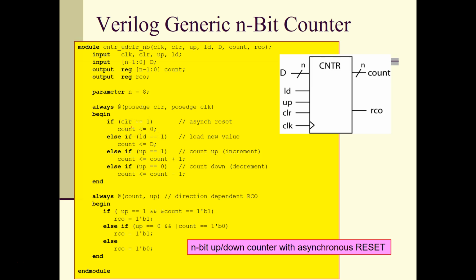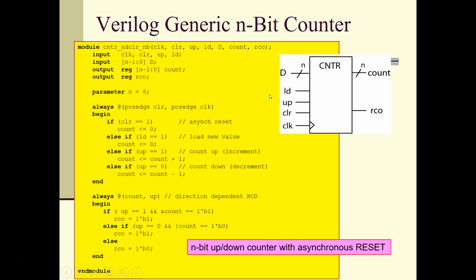So by the way this is written, clear has precedence over load, load has precedence over up. But you can see here, it's up equals 1. If up equals 1, it increments. If up equals 0, it decrements. And that's essentially my entire counter here. Remember, if the load is asserted, it takes that D input and loads it into the counter.